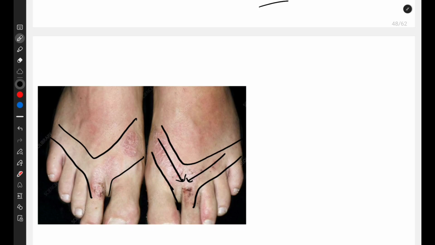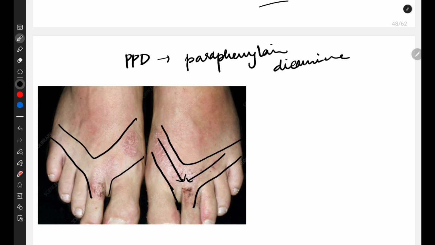This rubber footwear will contain something called PPD, paraphenylene diamine.